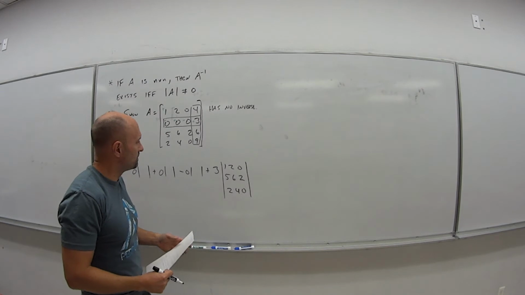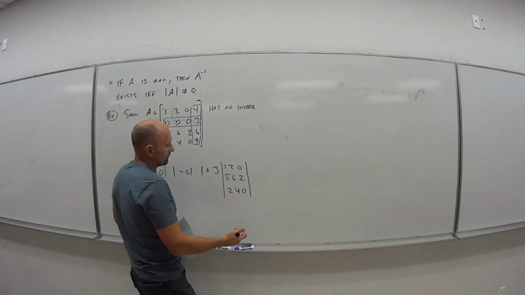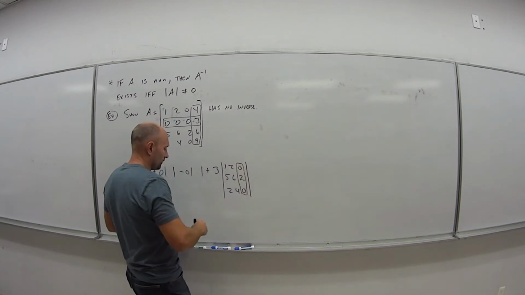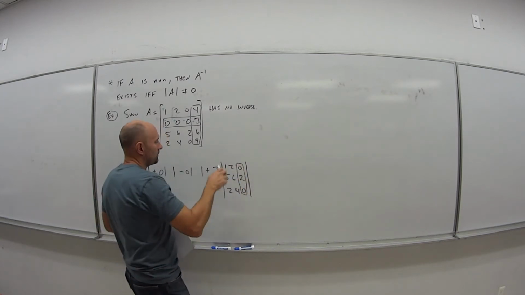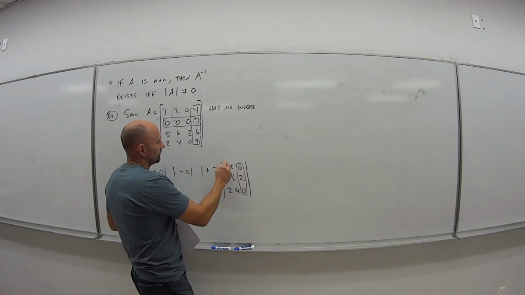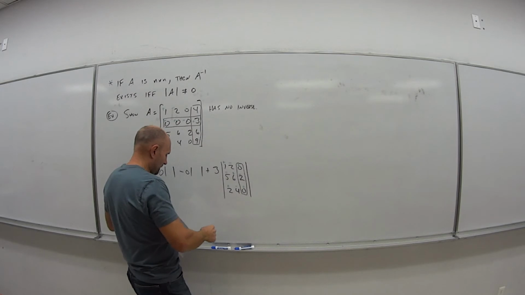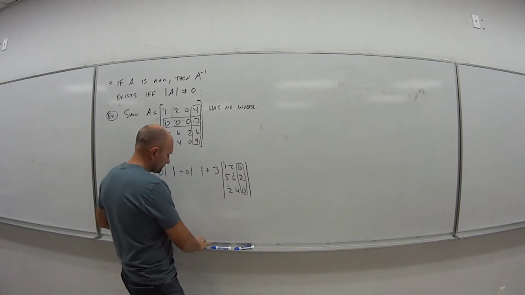Again, I need to pick the best column or row to work with, which would be this one here, because of all the zeros in that column. Based off of my plus minus matrix, I'm always starting with plus, minus, plus, so this is going to be a minus down here. Remember that they alternate from one to the other. So it's going to be a minus 2 there.